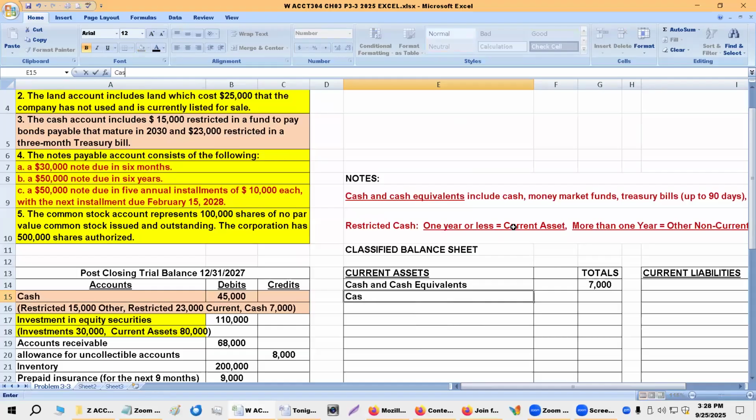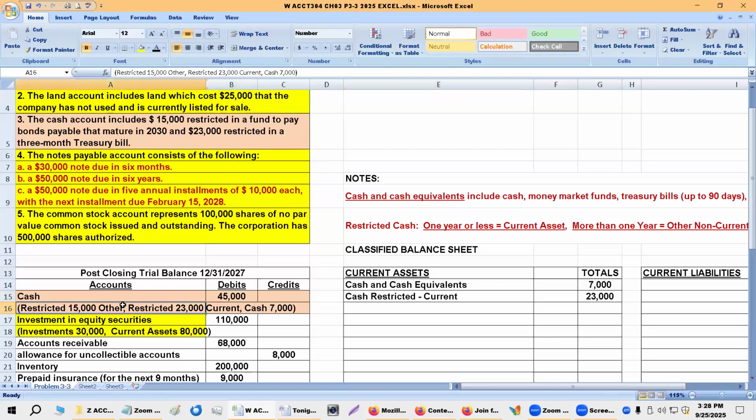I'm going to put cash restricted current on here just so we know what that is. I mean, it's in the current assets. We probably know that anyway, but yeah.